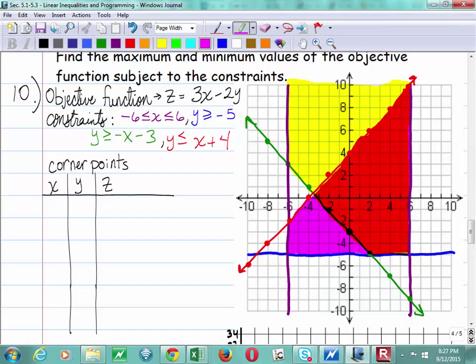So it is a quadrilateral, right? It's got 4 sides. So it's also got 4 corner points, okay? 1, 2, 3, 4 corners.